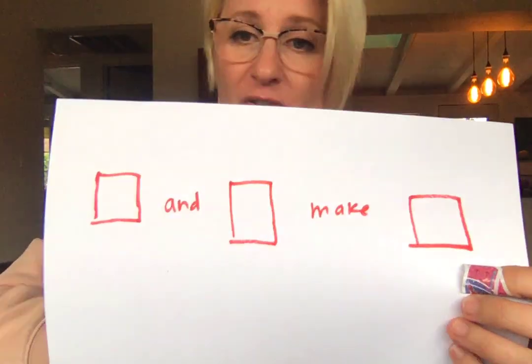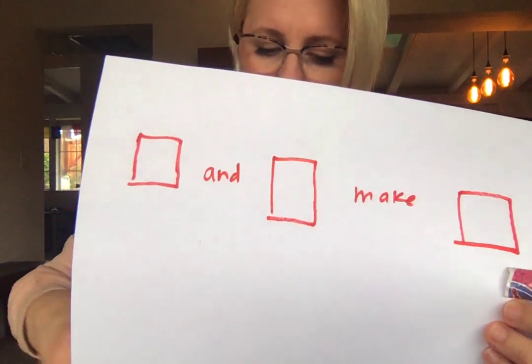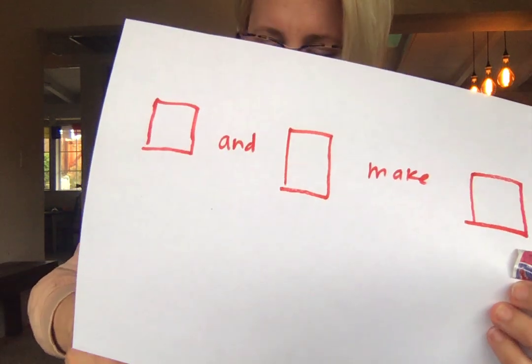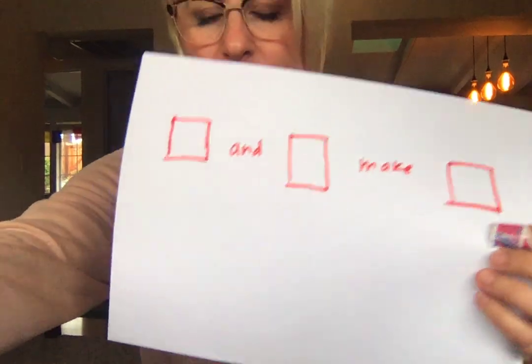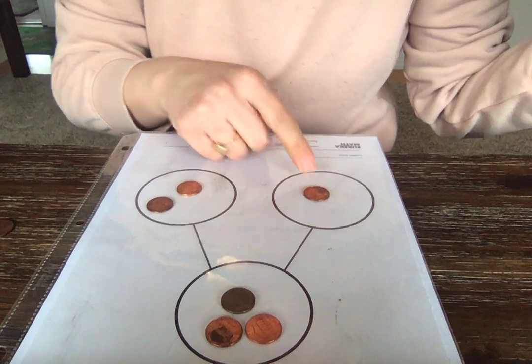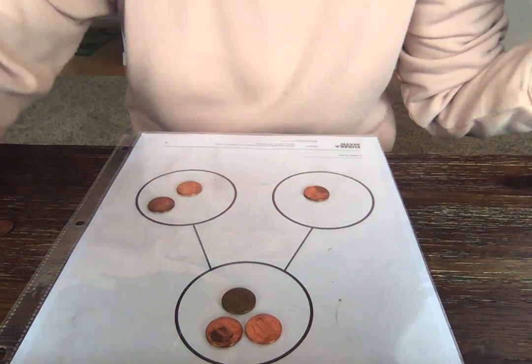So for the very first fish problem that you see, remember it was 1 blackfish and 2 goldfish. And your number bond will look something like this to show 1 blackfish, 2 goldfish make 3 fish.